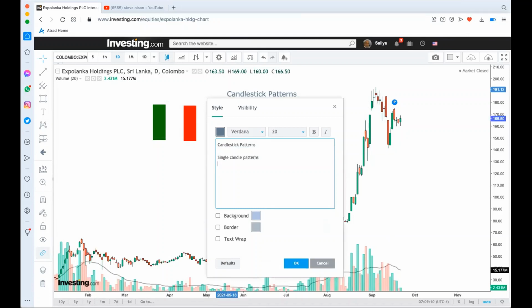Then two candle patterns, three candle patterns, four candle patterns and five candle patterns.